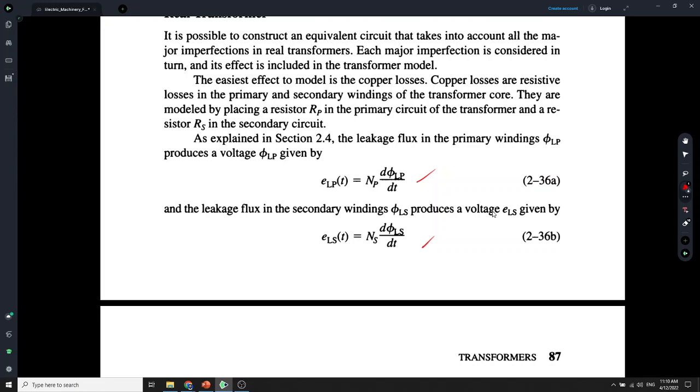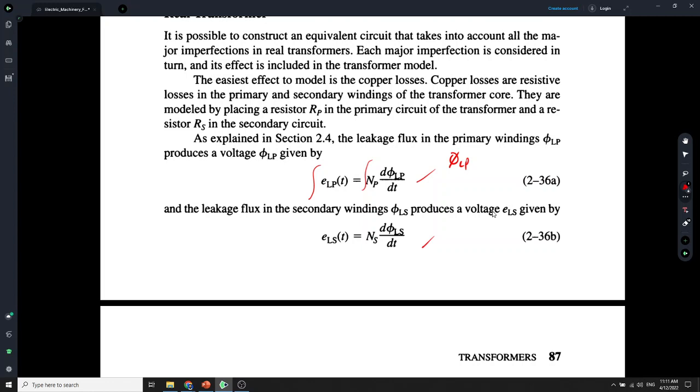We need only this one, the flux LP. In order to get this one, we need to integrate this part and then integrate this part, and then we can get this flux.